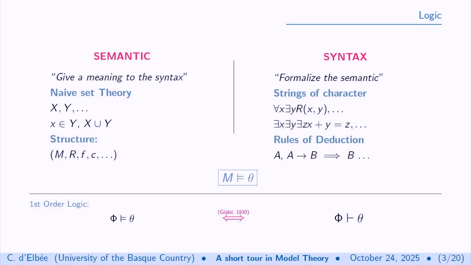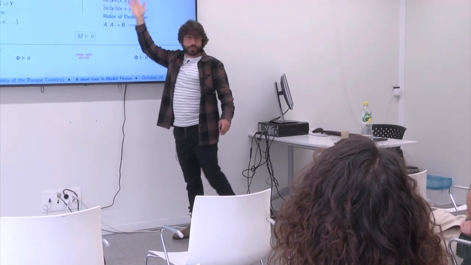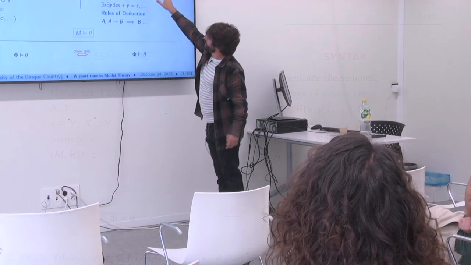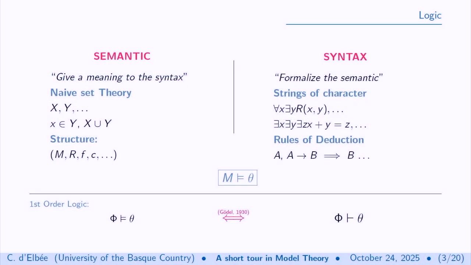The syntax side is really first order or second order or higher order languages, constructing strings of characters that we want to put a meaning on. Those are universal quantifiers: this is for all x, there exists y, maybe some predicate saying something. Those are strings of characters a priori.